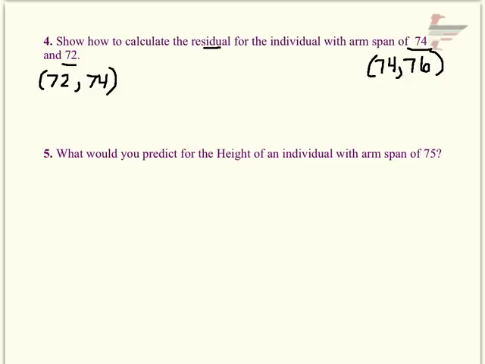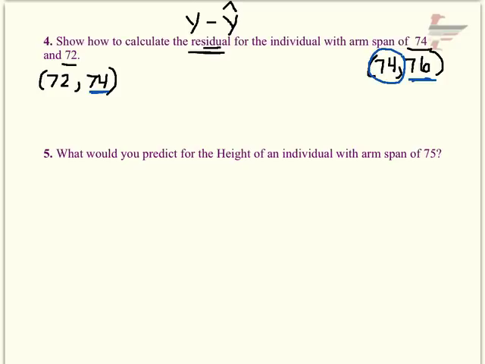All right, so a residual, I'm going to first start there, remind you that a residual is your observed y value minus your predicted y value, and the order is important, obviously, because you're subtracting. So I have my observed y values here, and that's the 76 and the 74. My predicted y values, of course, will be what I get from my prediction equation when I plug in its respective x coordinate.